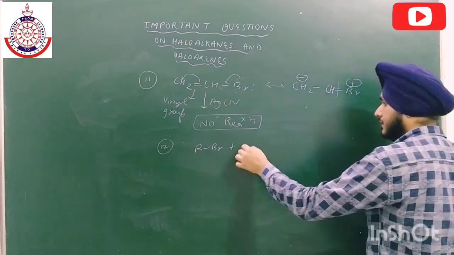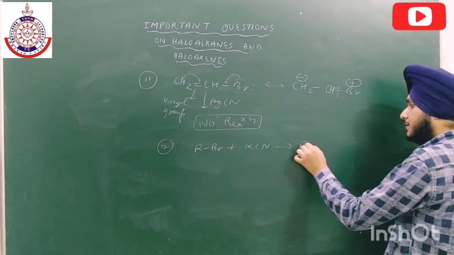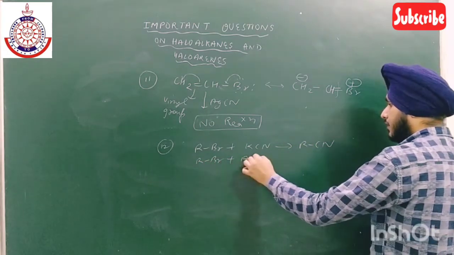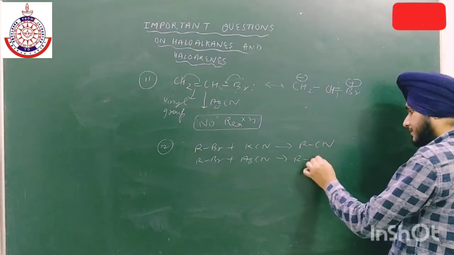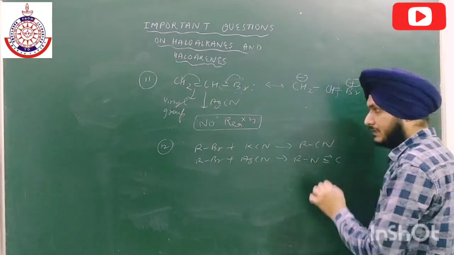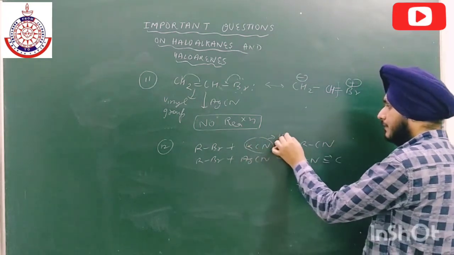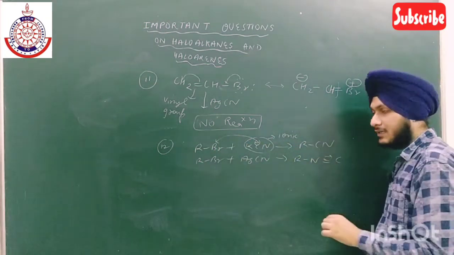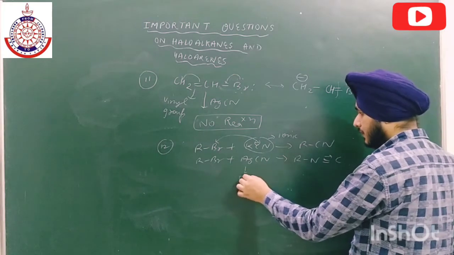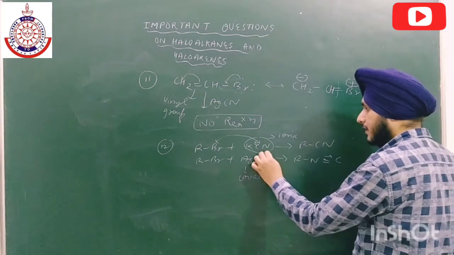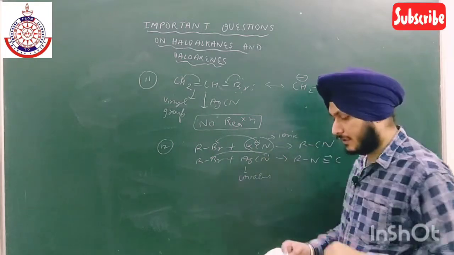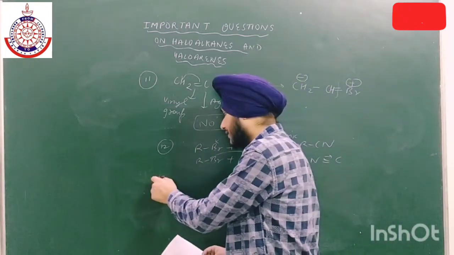In case of KCN we will get the cyanide product, and in case of AgCN we will get this product. We have already discussed the reason: KCN is ionic, so the nucleophile will be the negative charge on C, and AgCN is covalent, so the lone pair of N will attack as the nucleophile. That is why we will get the isocyanide product. So this is the 12th question.